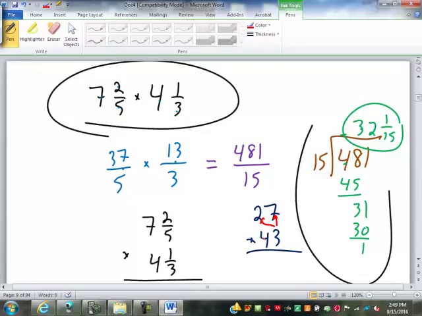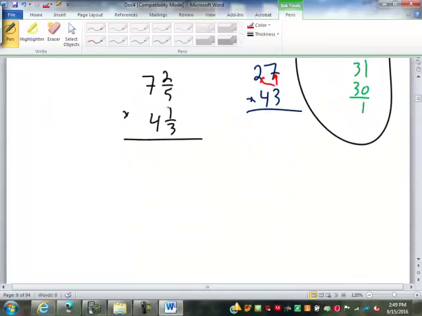Same thing applies here. We have to do our 1/3 times 2/5. 1 times 2 is 2. 3 times 5 is 15. But we also have to do 1/3 times 7. How do I multiply a fraction times a whole number? You put the 7 over 1 to make it a fraction. So 1 times 7 is 7. 3 times 1 is 3. That is 2 and 1/3.